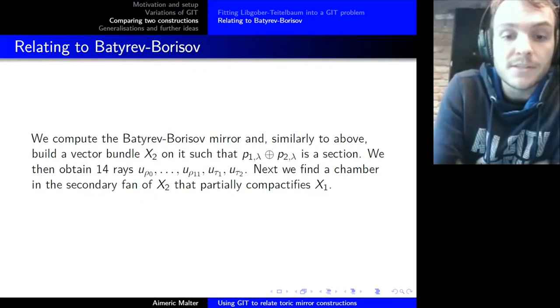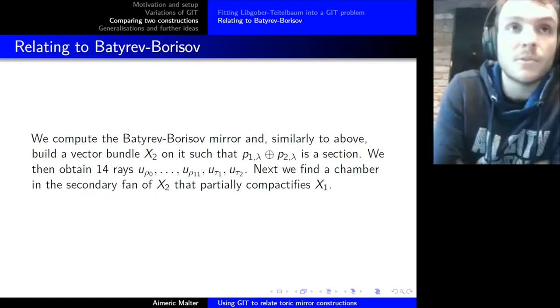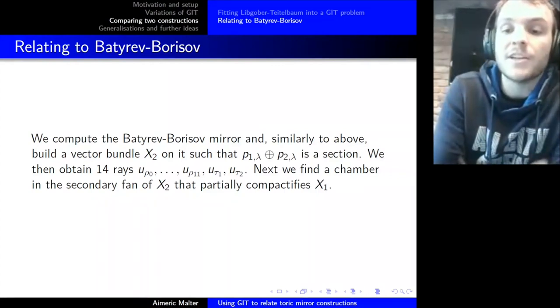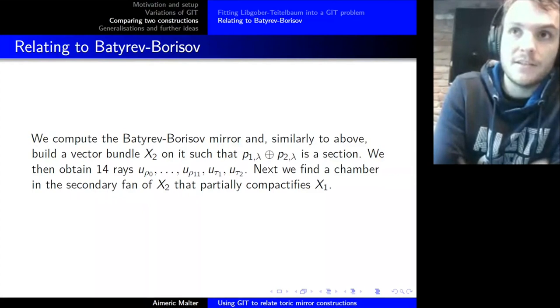We then get 14 points by doing the same procedure of going into the dual, picking points corresponding to the function. And the crucial idea here is we find a chamber in this secondary fan of this second vector bundle of Batyrev-Borisov that partially compactifies the variety that corresponds, the vector bundle that corresponds to Libgober-Teitelbaum.